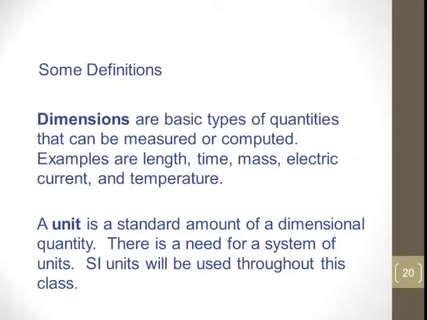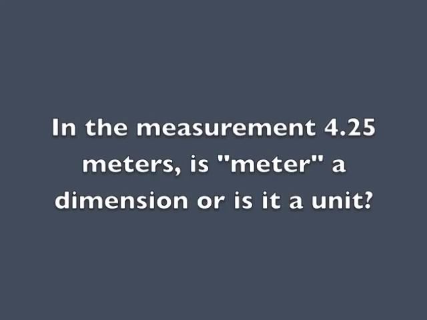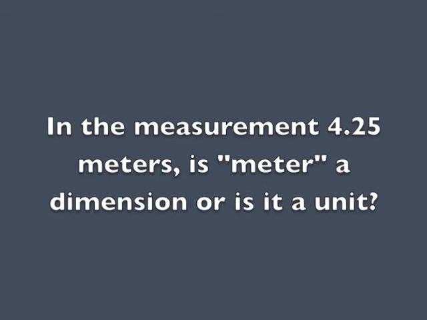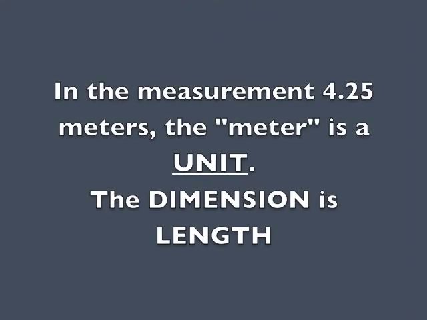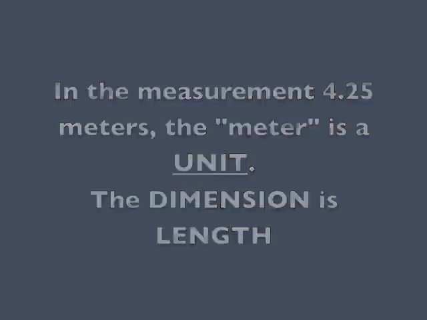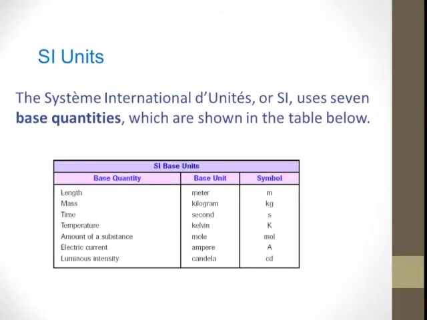We're going to be working in the SI system, so we'll have things like meters, we'll have seconds, the actual units of the particular dimensional quantity. So that's important to understand.